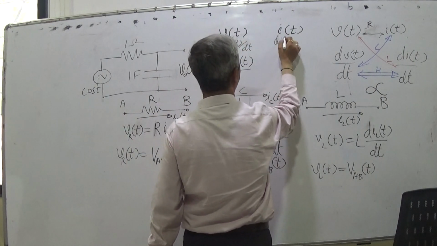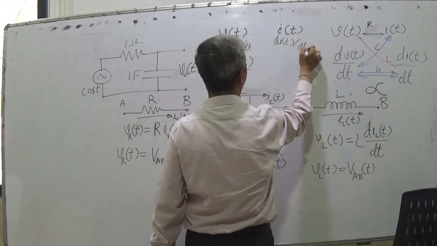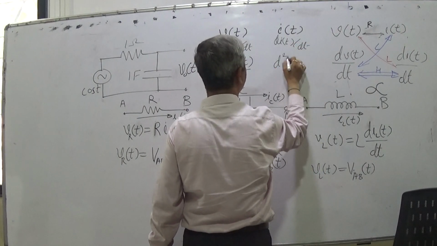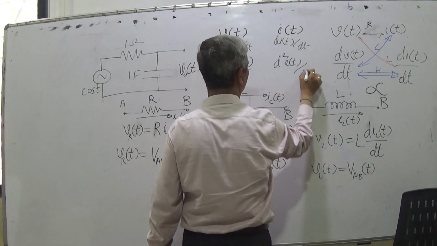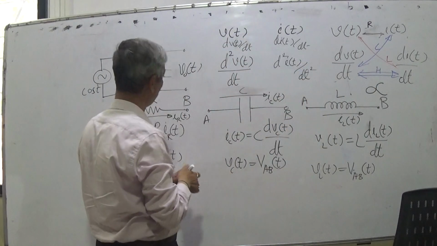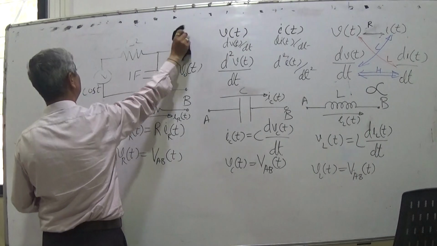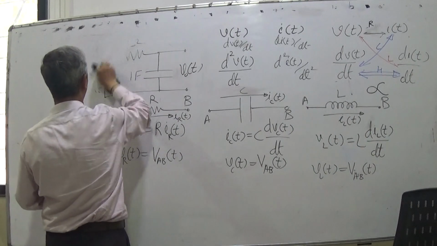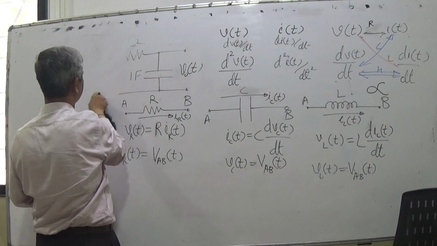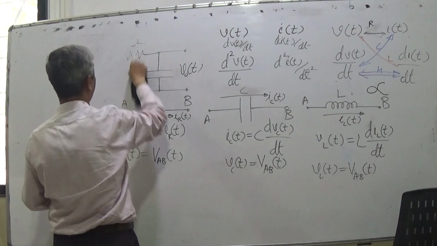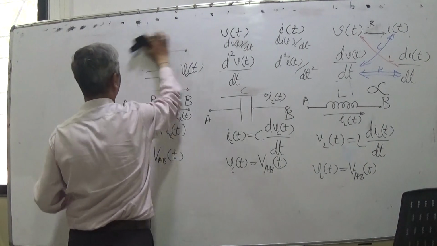Similarly, dit upon dt, d2it upon dt square. Then you may also think of a few other devices that may be there, that may not be there, something you propose as imaginary.